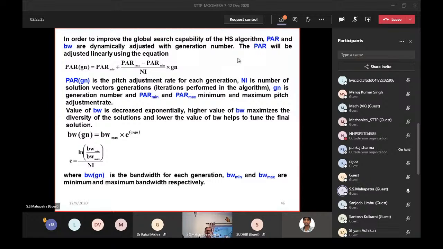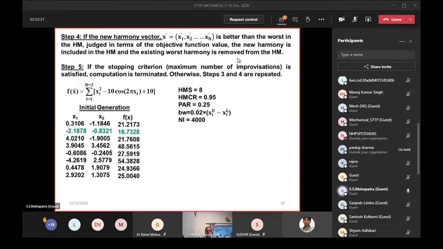Then the initial bandwidth is given by this value. Number of iterations is 4000. So you look at the initial generation like this. Initially randomly generated x1, x2, and fx is the function evaluated using this equation.